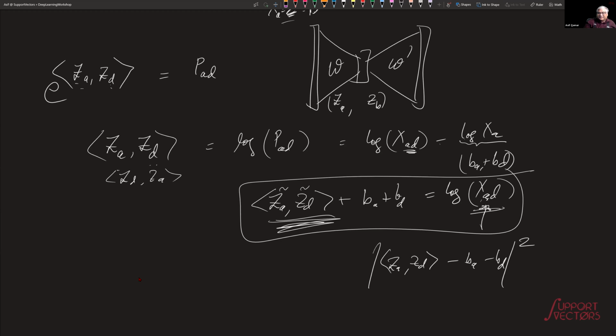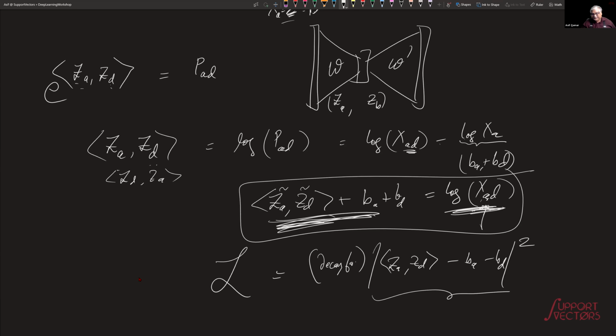There's a technical reason for putting a decay factor, but ignore it. So this is it. This is your loss function, right? It is basically the sum squared error between what you expect and what you get when your model is not fully trained. When you have some values that are not perfect, there'll be a gap between these two. And so all you need to do is square it and then move forward with it.